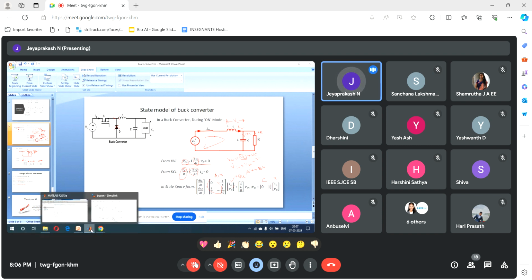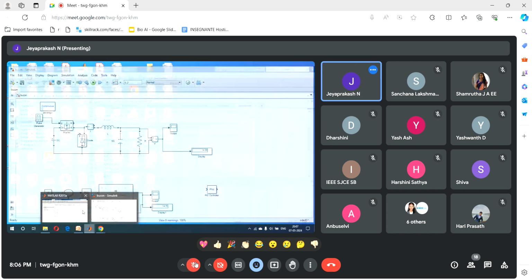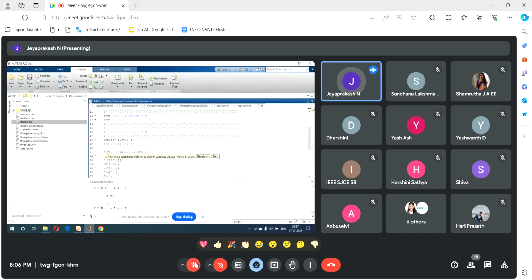That value will be fed into the A1 and B1 values. Similarly, during the switch off period, we derived A2, B2 and C2 values, and these values are fed into the state matrix.